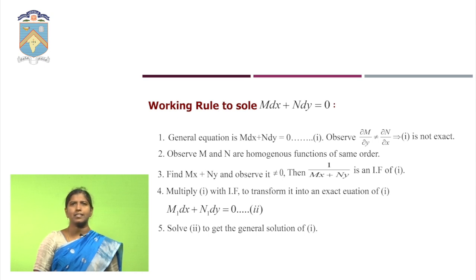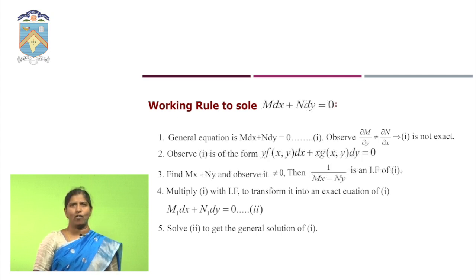Now multiply this integrating factor to our original equation m dx plus n dy is equal to 0. Then we'll get a new equation m1 dx plus n1 dy is equal to 0. So we'll identify m1 and n1, and again find ∂m1/∂y and ∂n1/∂x.